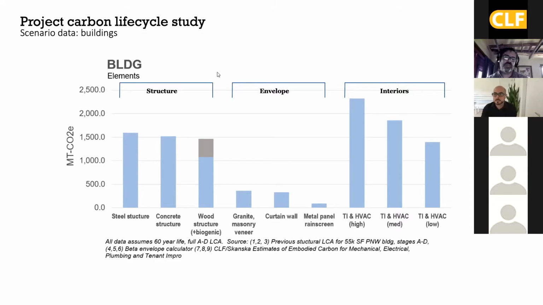So hopefully, as we get into more detailed stages of design, we'll positively influence the way we think about interior renovations and reducing the need to tear down walls, throw away gyp, et cetera, and make the building more flexible over the lifetime.